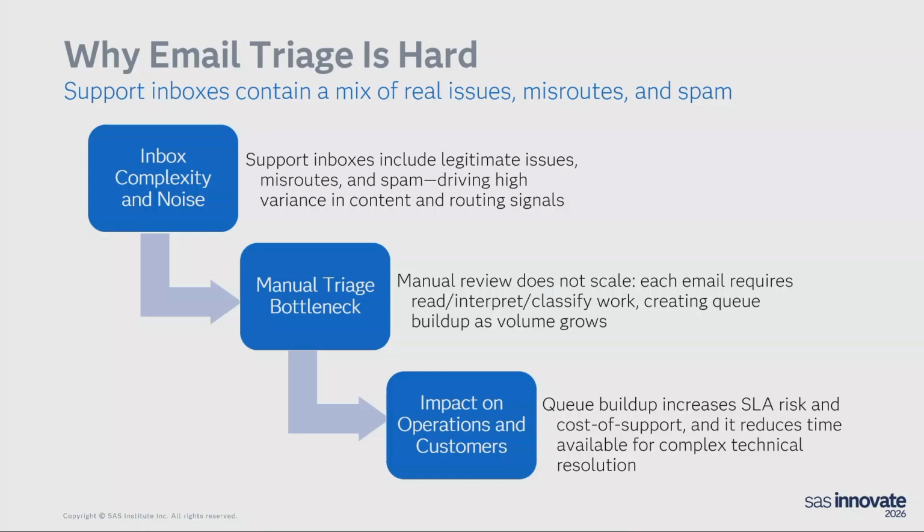Before we really start working on a customer's problem, there's a very simple question we must first answer: what type of email is this? And this means that we need to manually review each email, which is really not scalable.